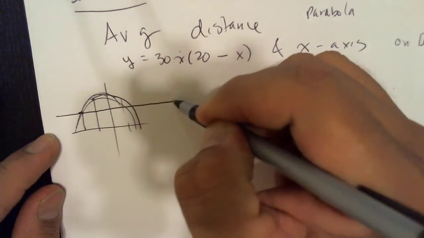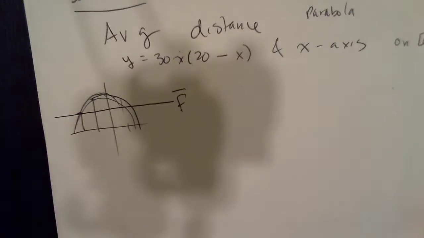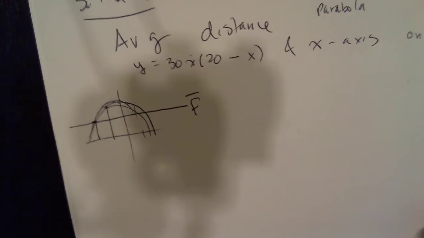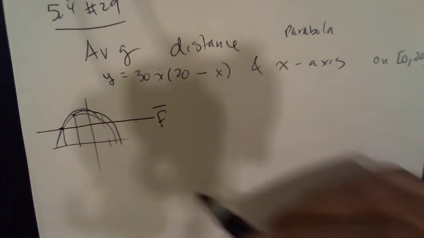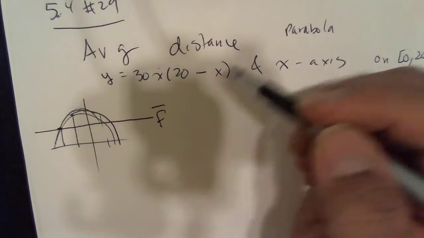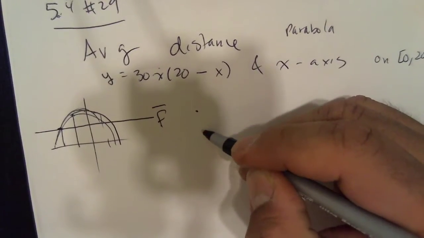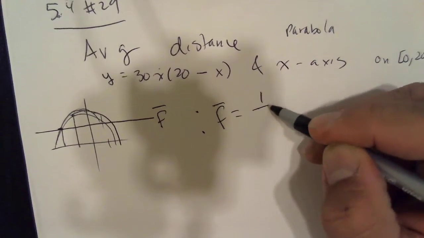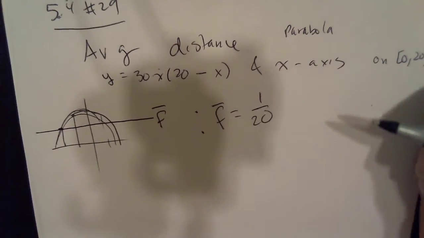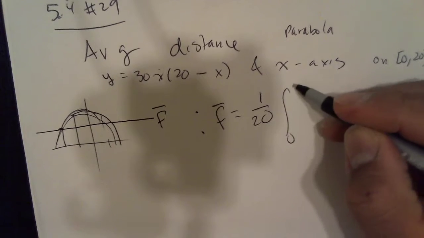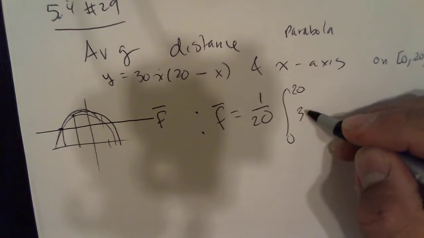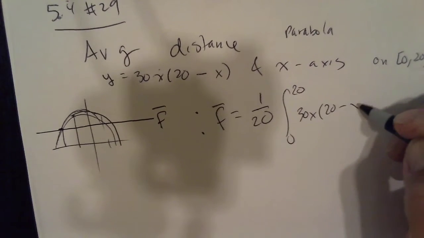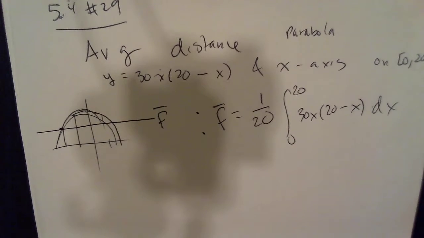So all we're really looking for is f bar, the average value of the function on the interval 0 to 20. So we know using the formula that f bar is going to be 1 over 20, integral from 0 to 20 of 30x(20 minus x) dx.